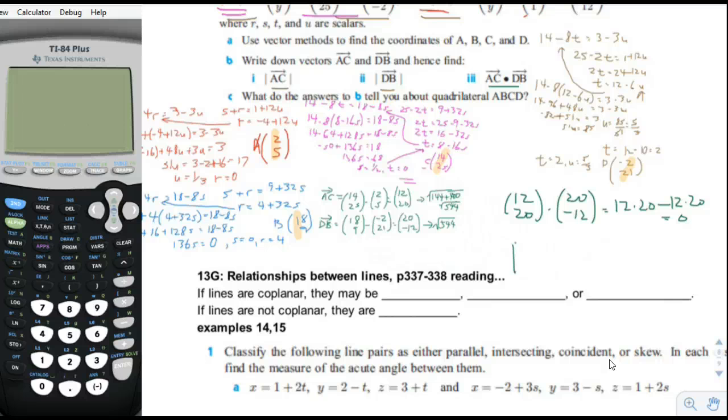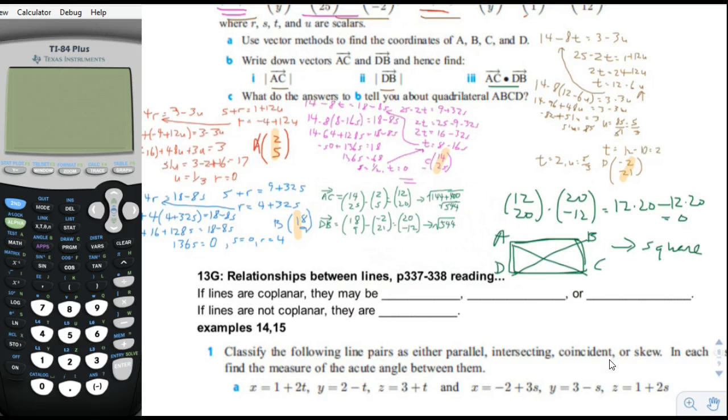And so if we draw a picture of our quadrilateral ABCD, we just found that AC and DB are the same length. They're both square root of 544. And we also found that those two vectors are at right angles to each other. So that tells you that the quadrilateral ABCD is a square, right?